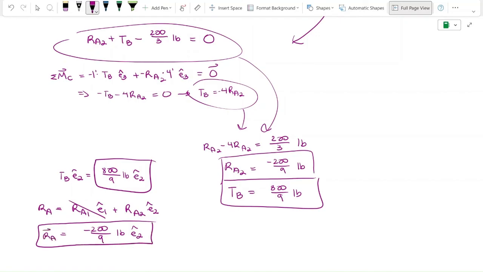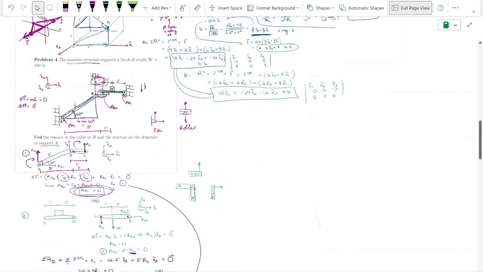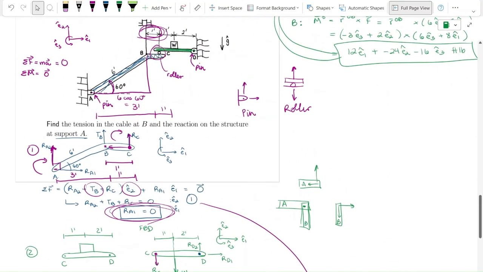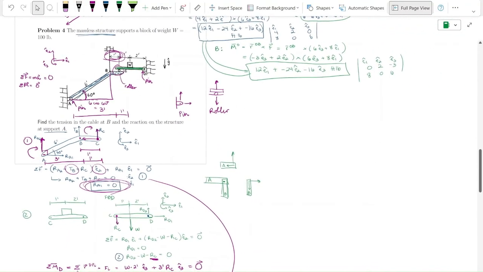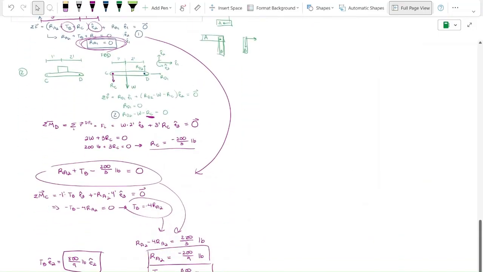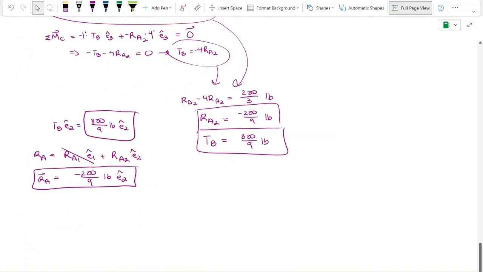So these are our answers in vector form for the tension in the cable at B and the reaction on the structure at support A. So yeah, that is the final problem.